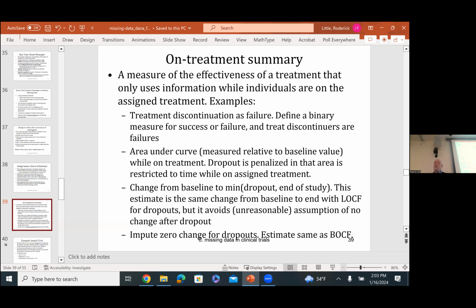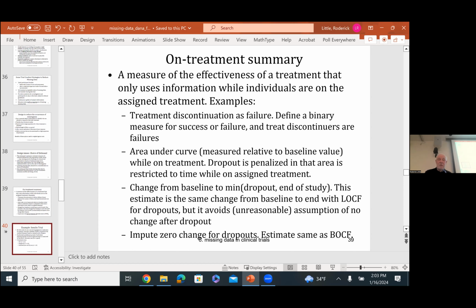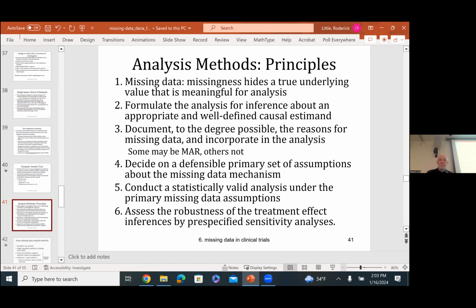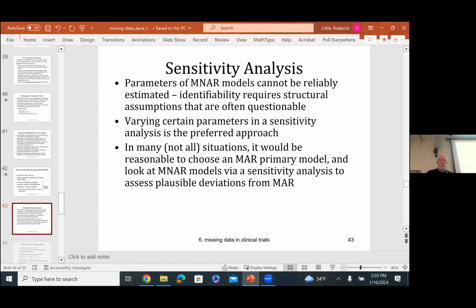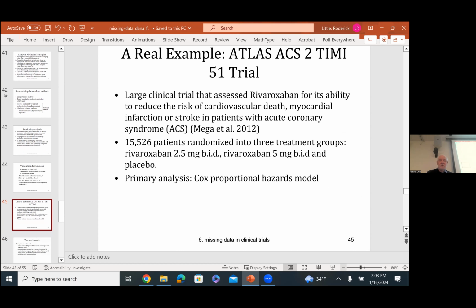Rather than do that, instead of defining the outcome as some measure of pain at a fixed time point, which might include people dropping out, just measure it in a way that only includes information while they're actually on the drug. That's essentially the idea. I have an example of that, but I'm going to skip over it.